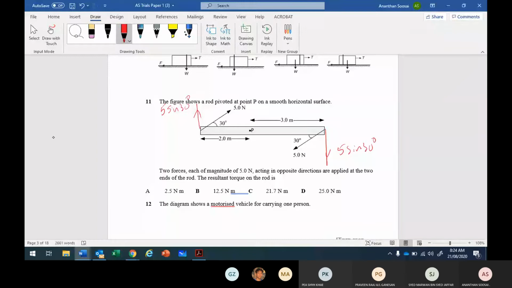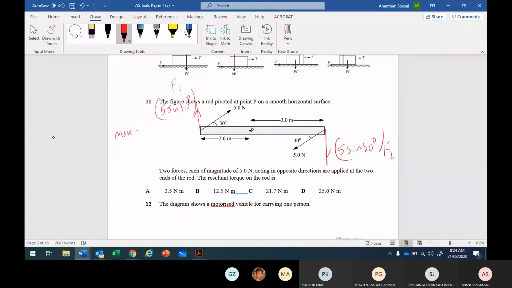Then you can use the, oh sorry, this is 2 meter, this is 3 meter. This is the pivot. Then you find the moment. Let's say this you take it as F1, and this force you take it as F2.